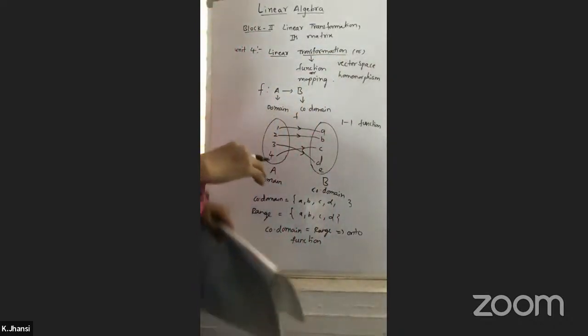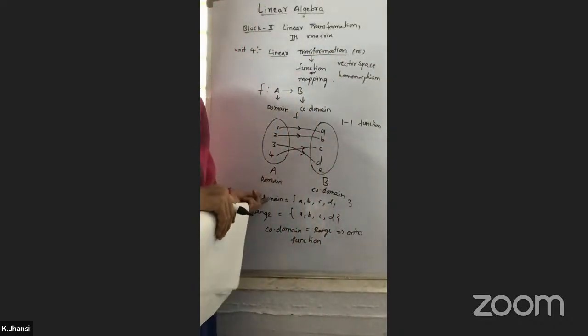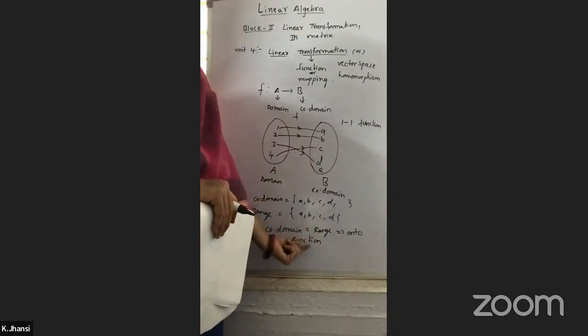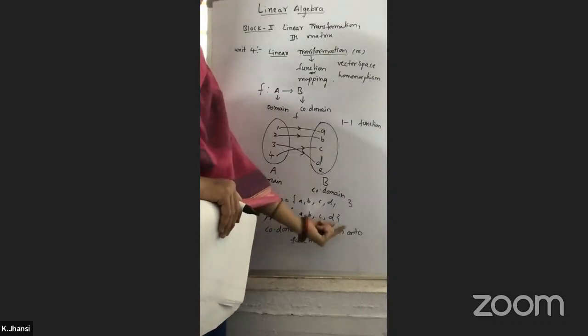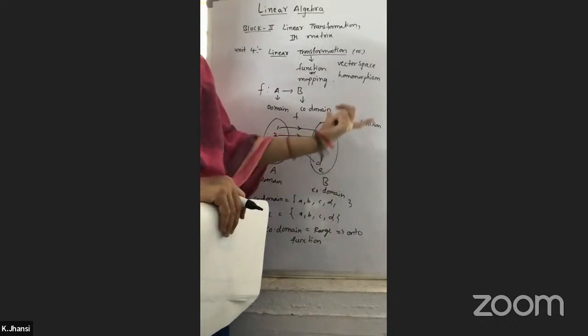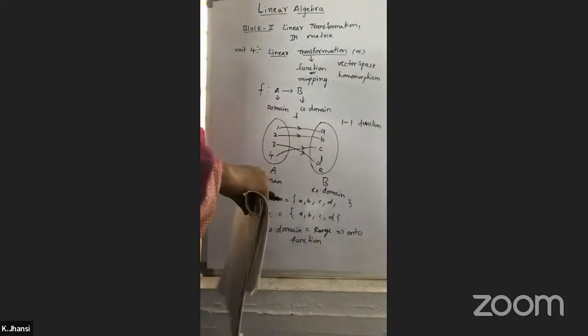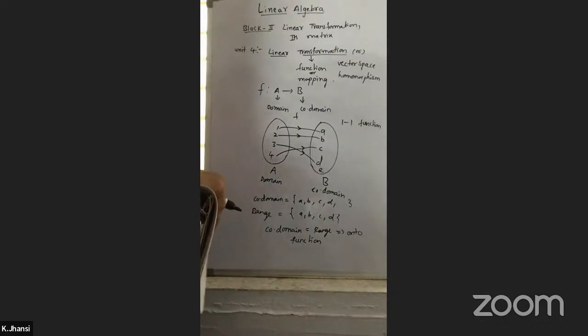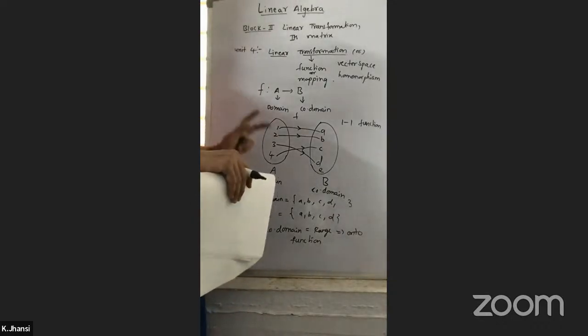Okay. So like this, you should know what the concept of domain is, what codomain is and what range is. And when we call it an onto function, when we call it a one-to-one function. Okay. By this we can solve the problems and also the theorems.